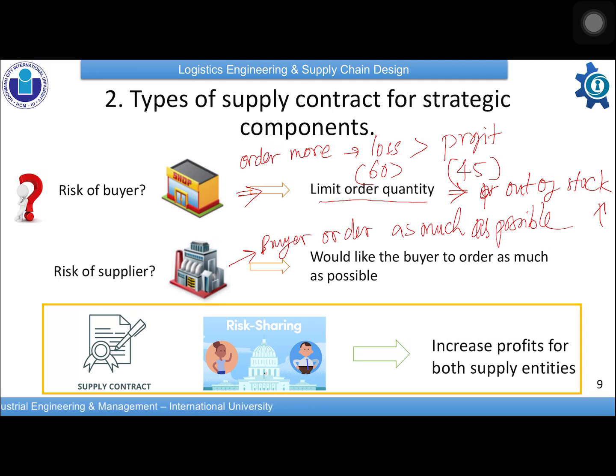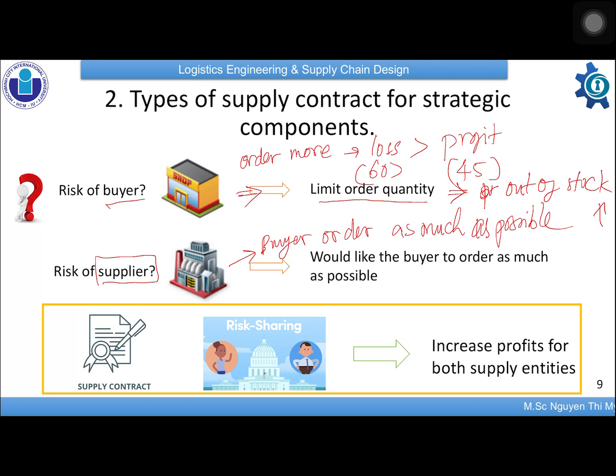This is where the supply contract with risk sharing between buyer and supplier appears. They create the supply contract between buyers and supplier where the supplier can share the risk with the buyer, so that they can increase the profit for both buyer and supplier.